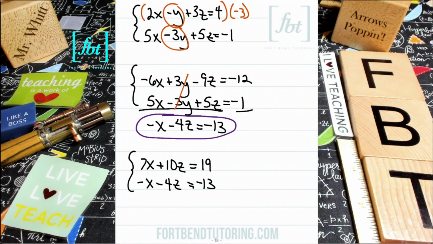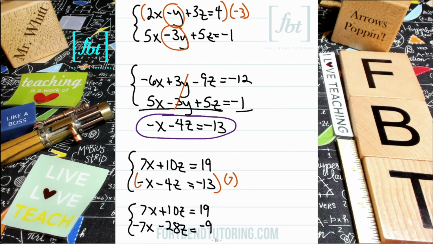I always go with the smallest LCM when possible. This means I'll be multiplying the entire second equation by 7. This gives me the following system: 7x plus 10z equals 19, and negative 7x minus 28z equals negative 91.